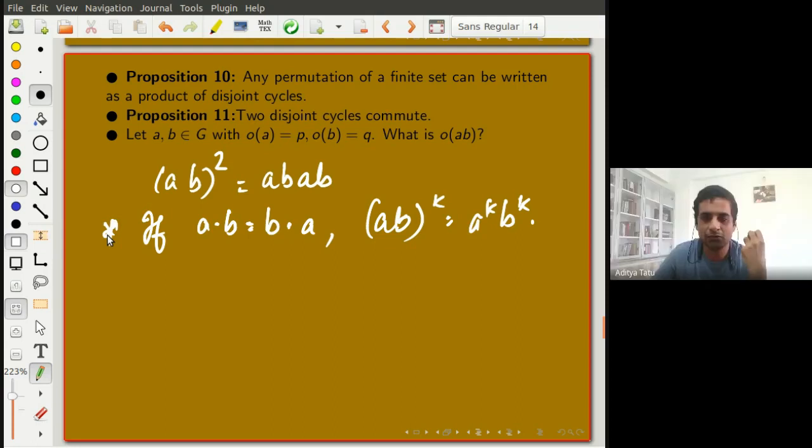Now, can you see what is the importance of disjoint cycles? So the group of permutations, is it abelian? In general, do you think this is an abelian group?